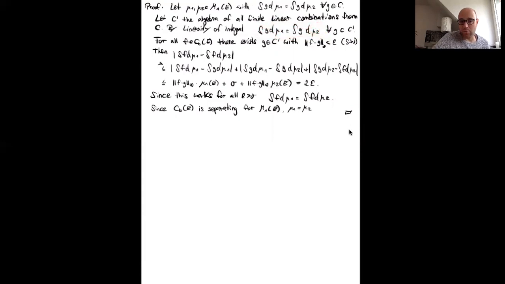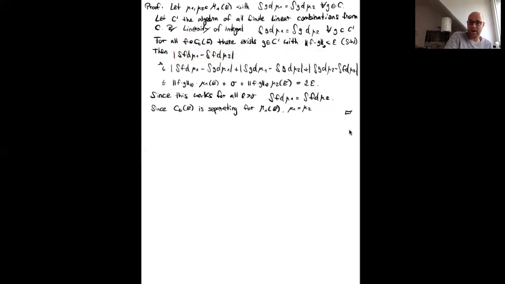And now I have to write this down formally. So take f in Cb, then we know we can approximate f uniformly by functions in that algebra. So take some function g, which has uniform difference at most epsilon. Do this by Stone-Weierstrass. So now we want to show this integral is small.